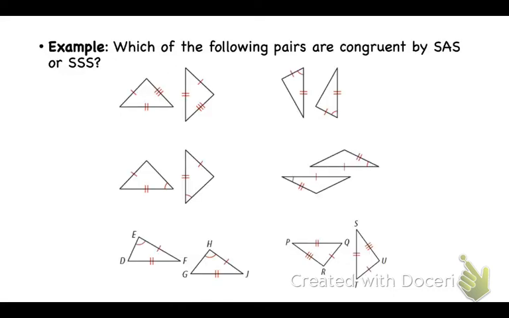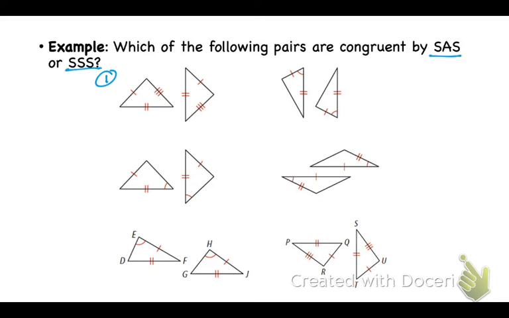Okay, so which of the following pairs are congruent? And then you have to say by side, angle, side, or side, side, side. Let's start with number 1. Are they congruent?